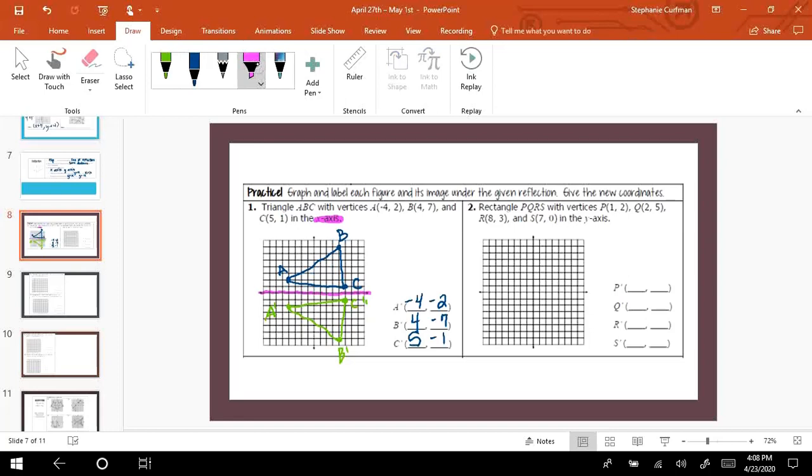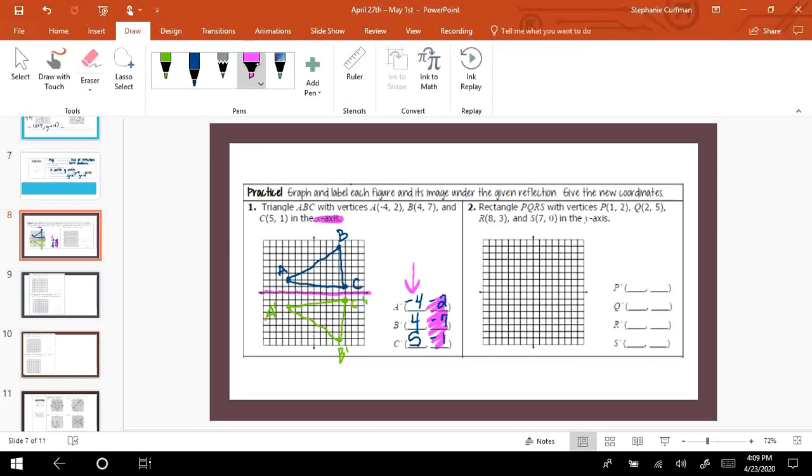So I hope you're seeing that my x's did not change, but my y's did change. When I reflect over the x-axis, my y's are going to change because I'm going from the top of the graph to the bottom. When you're in the top, you're in positive y values. When you're in the bottom, you're in negative y values. So those are going to change.